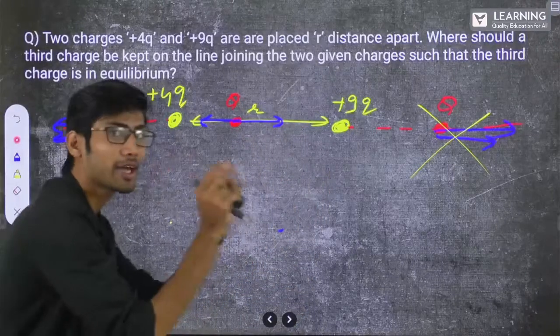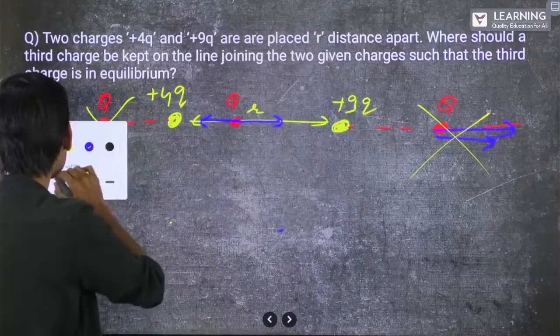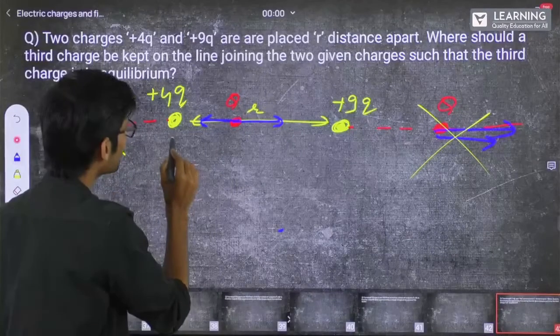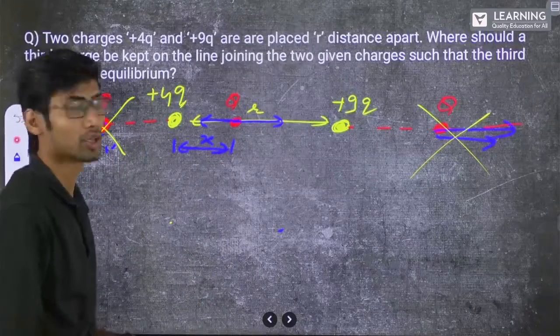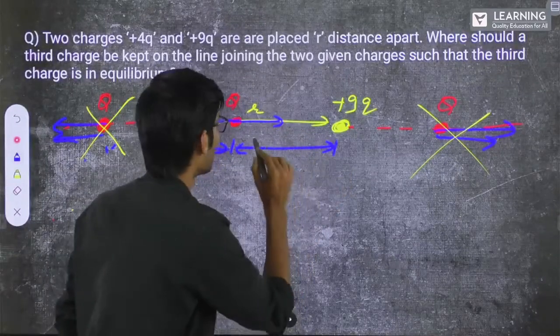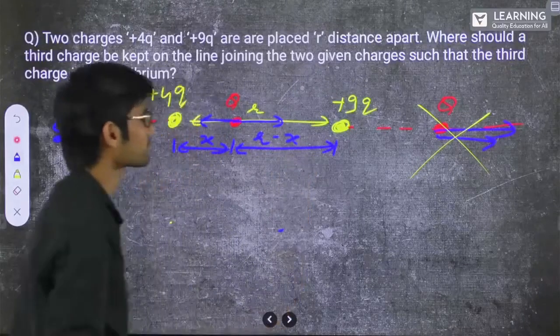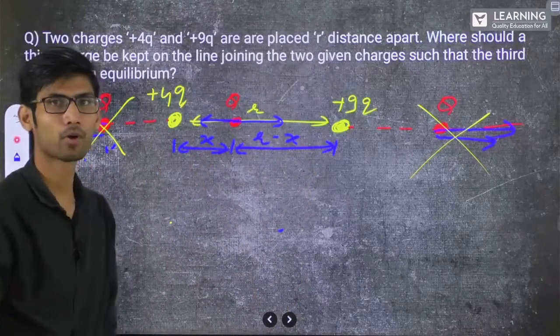That means what do we have to do? If I consider this Q at some distance, let's say this Q is kept at a distance of x from 4Q. So from this charge, the distance will be r minus x. We have to find this x basically. Okay.